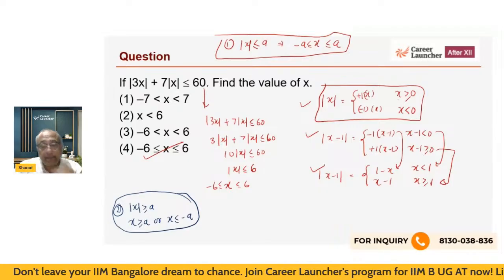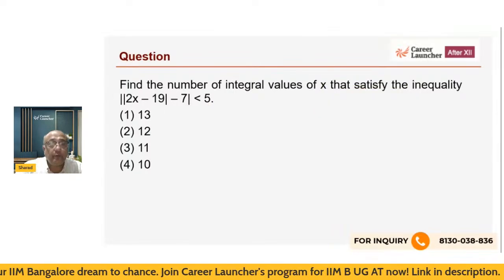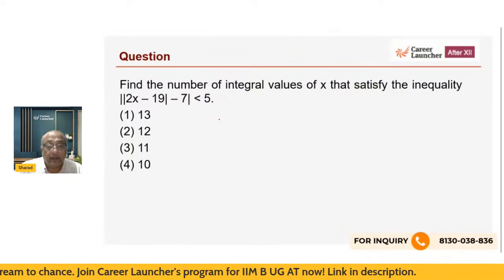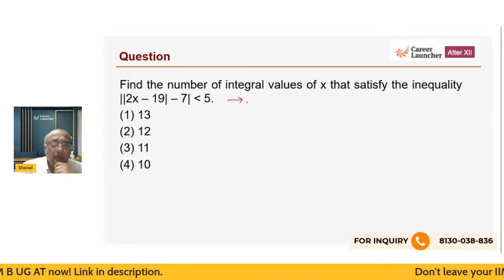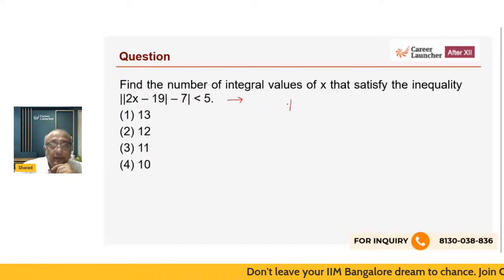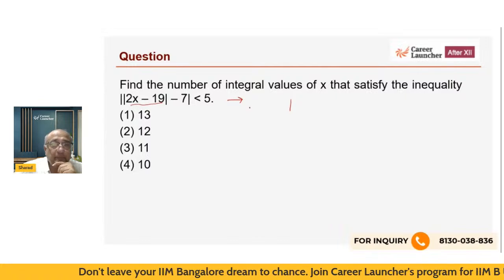Okay, let me go ahead and move to this question, which is here. This is a slightly difficult question, but not so difficult also. From here, if you're finding this 2x minus 19 very difficult to understand, put this equal to t.